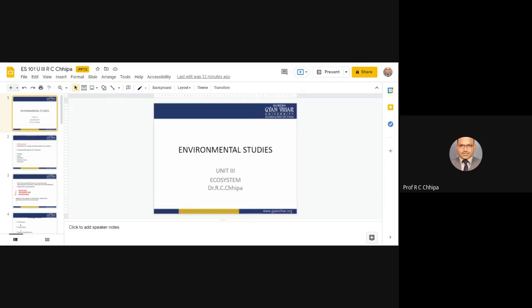The first one, biosphere, related with the plants and animals. Then lithosphere, related with the earth component. The third part is the atmosphere. So biosphere, lithosphere, atmosphere.